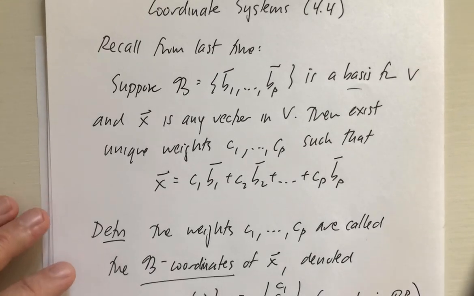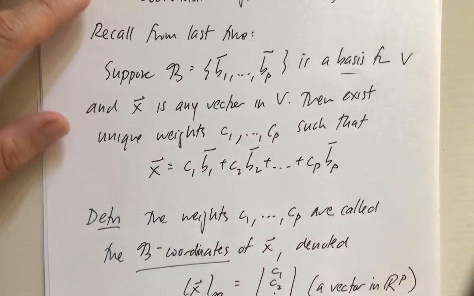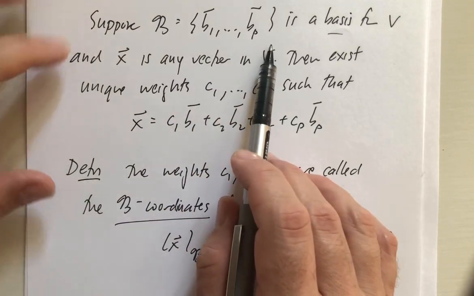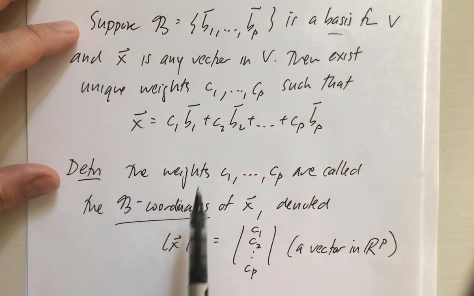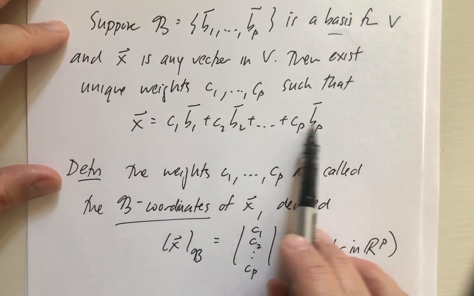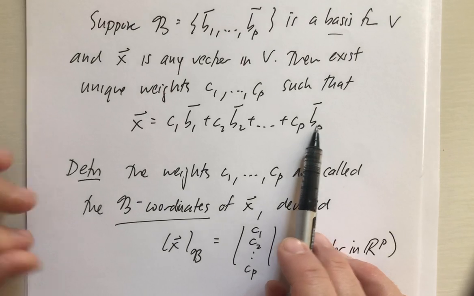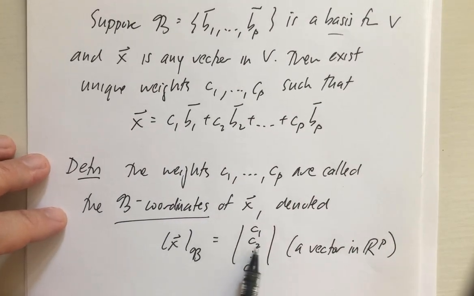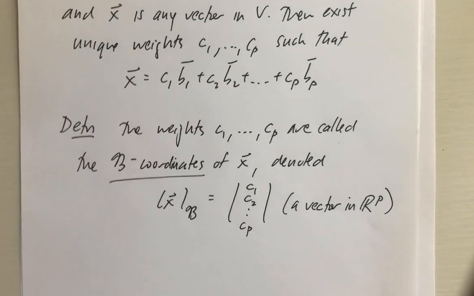Okay, so one more time. You fix the basis for the vector space V, and then you give me a vector X. Well, that tells me that I can write the vector X in a unique way as a linear combination of those elements in the basis, and those weights are called the B coordinates. And I'm going to put those weights into a vector, and why do I do that?